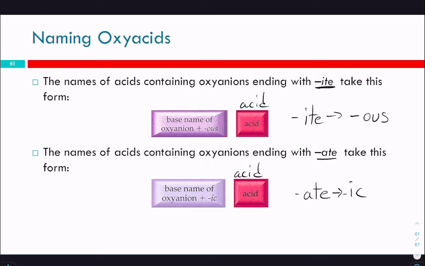If there's a prefix, like per something acid, the prefix stays there. The only thing we change is the ending, and notice that there is not a hydro in front. So if you're trying to go from the name to the formula, if there's hydro in front, it's going to be a binary acid. If there's no hydro in front, and it still says acid at the end, it's going to be an oxyacid. It's a lot of rules to remember.